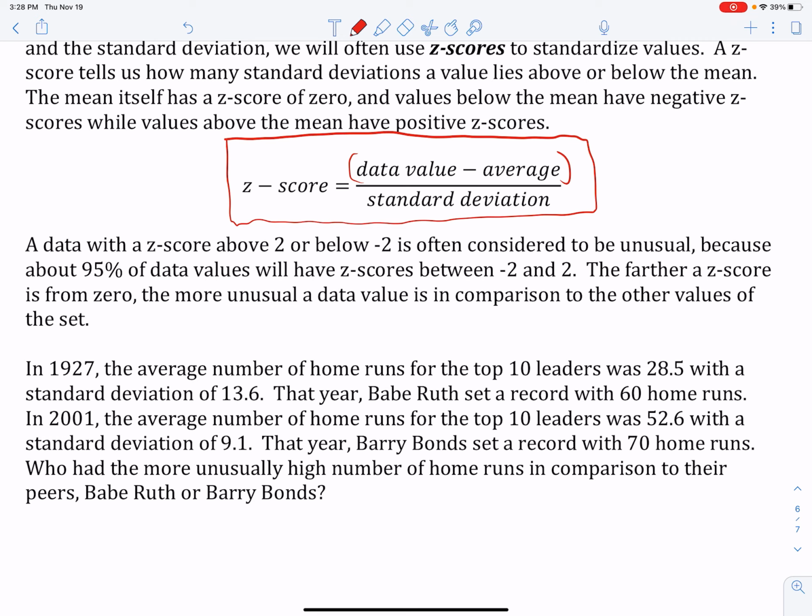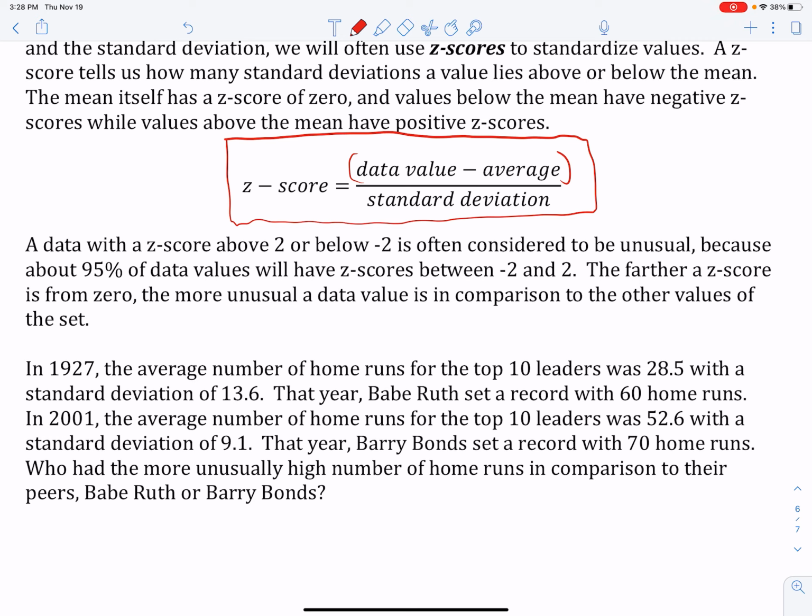And if you have a z-score above 2 or below negative 2, that means it's really unlikely. There's about a 2.5% chance of that happening. The farther a z-score is from 0, like a z-score of 3 or 4, those are more and more unusual, very, very unlikely.